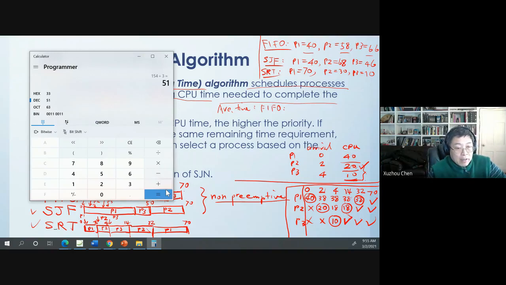Now, can you figure out why the improvement is so small? Now let's take a look at the final case, shortest remaining time. We have 70 for process 1 plus 30 for process 2 plus 10 for process 3. That's 110 divided by 3. 36.